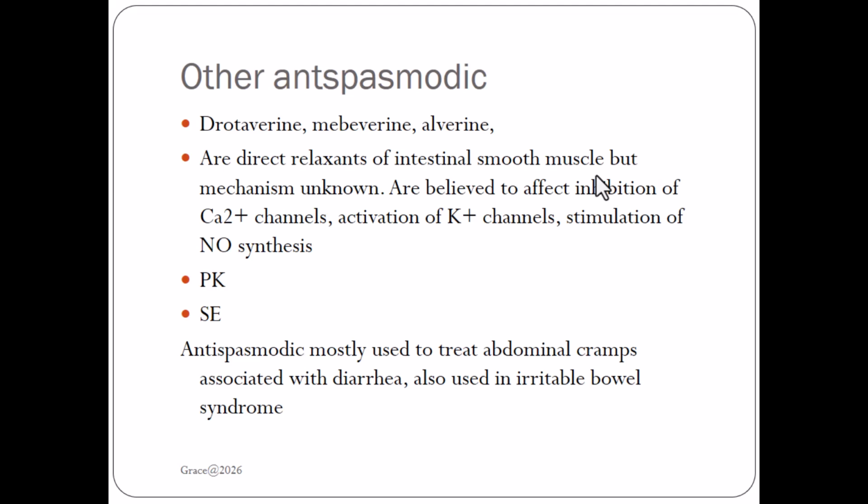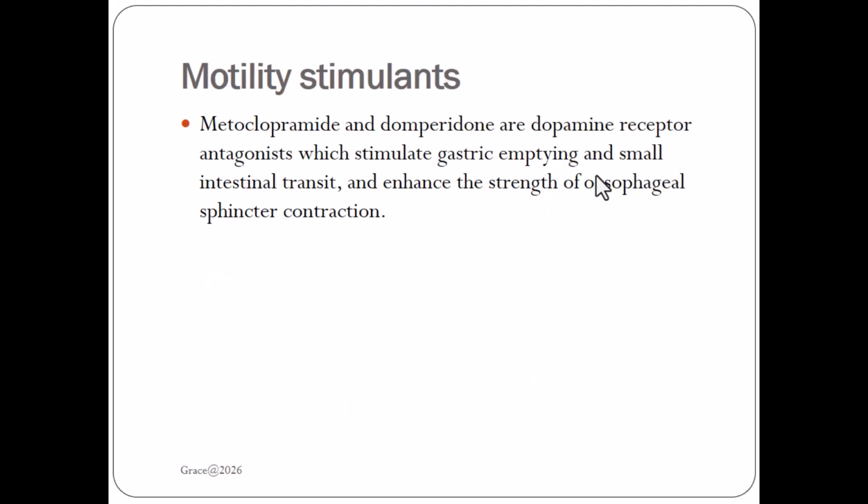These are direct relaxants of the intestinal smooth muscles, and by doing so, they enable reabsorption of ions. Some of the side effects that the patient may encounter are still abdominal cramps, and this medication is majorly used when managing irritable bowel disease.